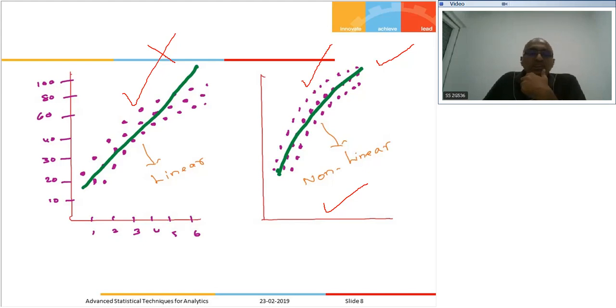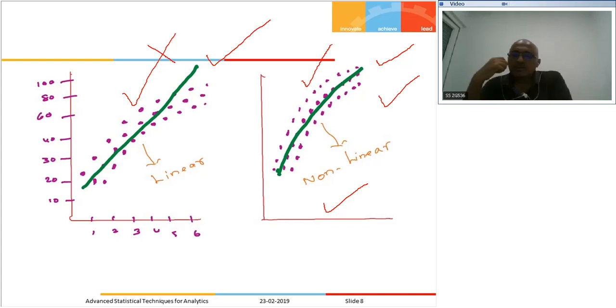Now, how to do it? One more thing: this is also fine. Generally we say it is most appropriate, but in a generalized fashion, it depends on the application that you are working on. There is no thumb rule that says this is the best among all.